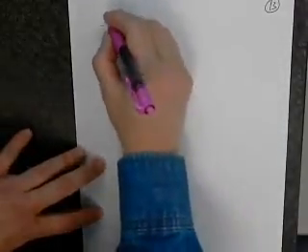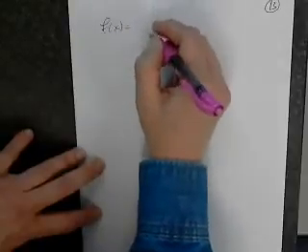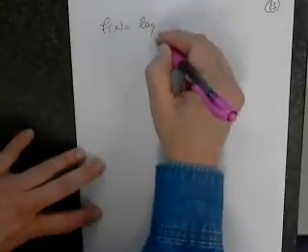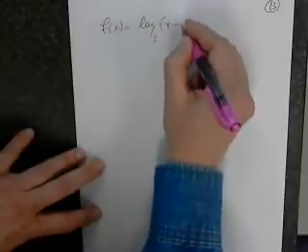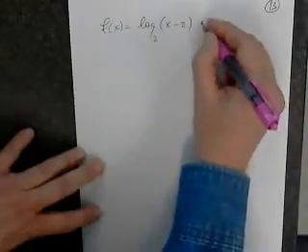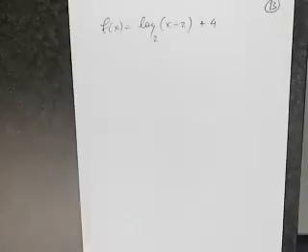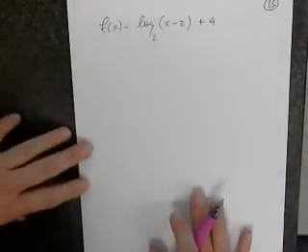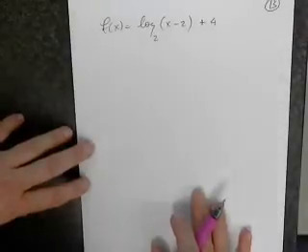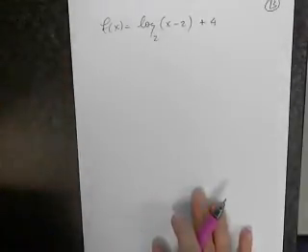Yeah, that's right. Okay, so f of x, let's say, is log base 2 of x minus 2 plus 4. I'm asked to graph it, find the domain, find the range, asymptotes.